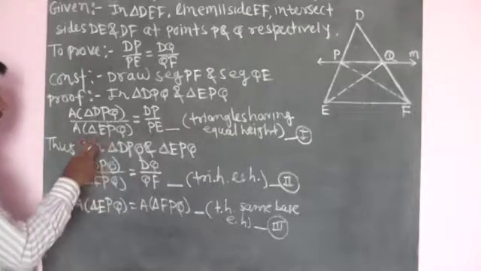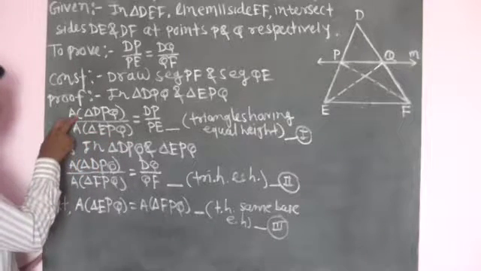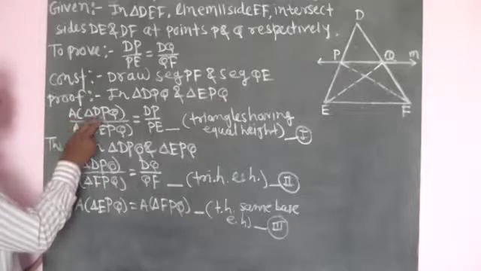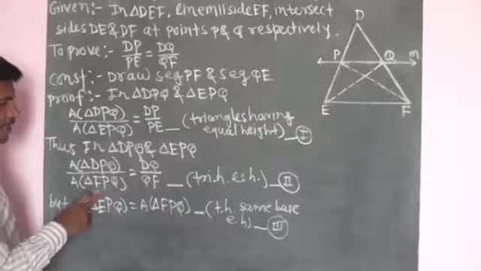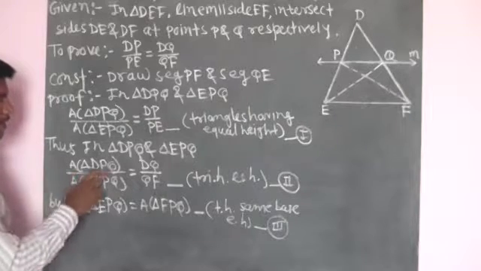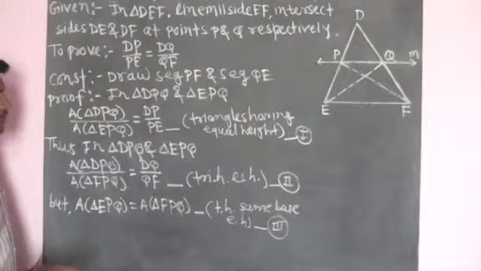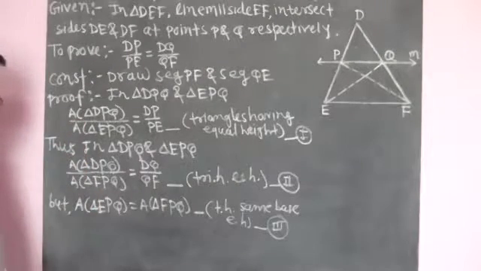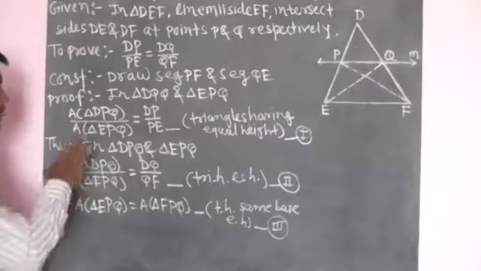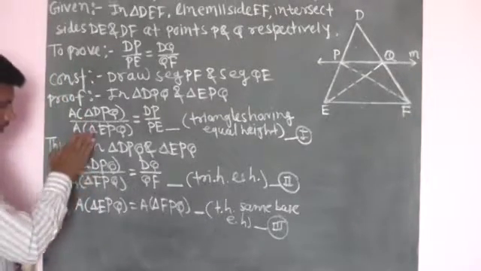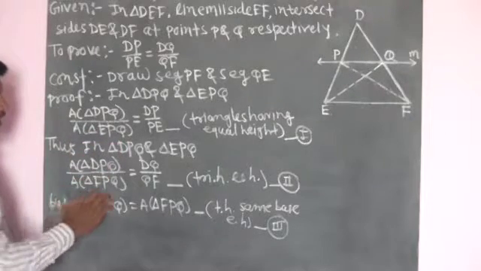Now look at equations 1, 2 and 3 carefully. On the left hand side of equation 1 we get the ratio area of triangle DPQ upon area of triangle EPQ. On the left hand side of equation 2, area of triangle DPQ upon area of triangle FPQ. In both ratios the numerator, area of triangle DPQ, is common, and the denominators are area of triangle EPQ and area of triangle FPQ.